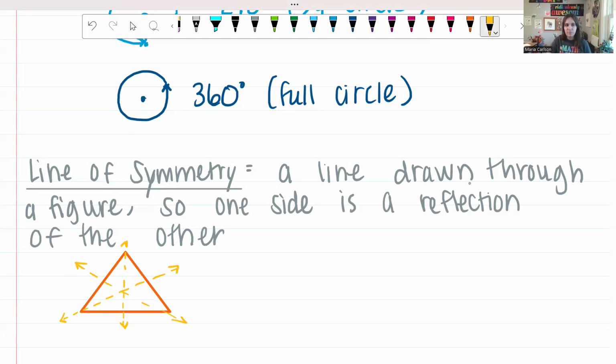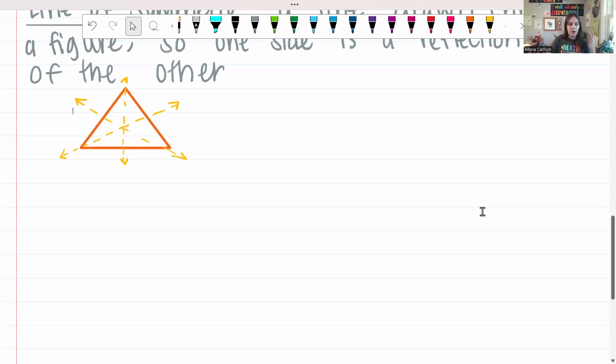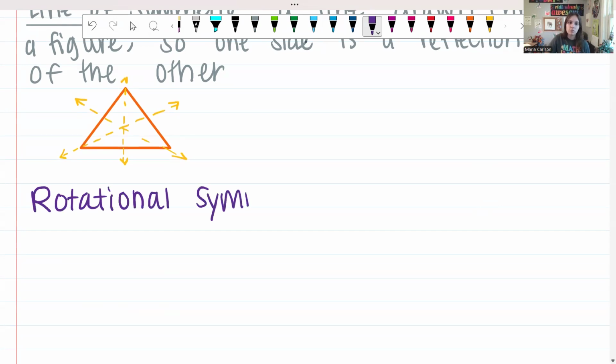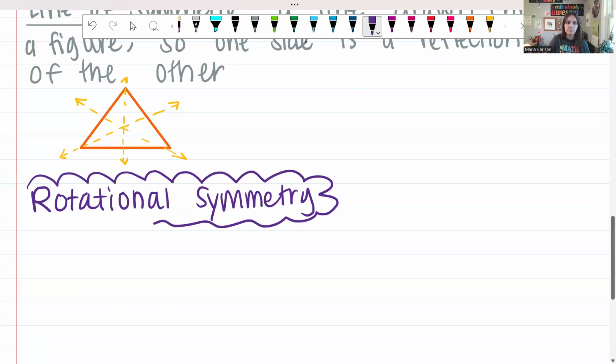An important idea here, because when we're talking about rotations, we oftentimes hear about the rotational symmetry of a figure. So what is rotational symmetry then?